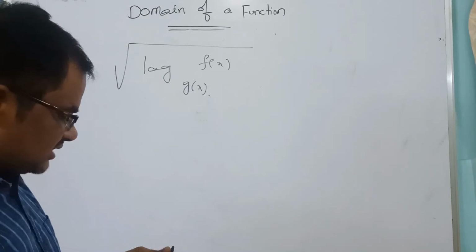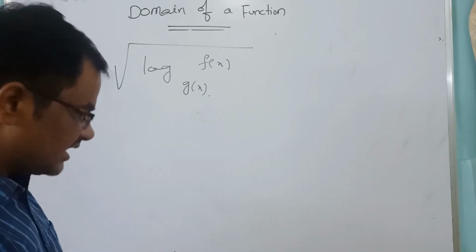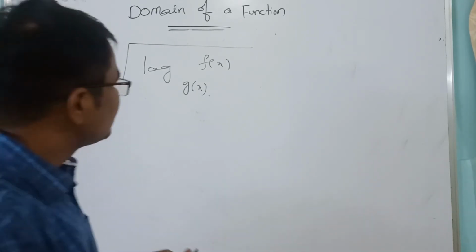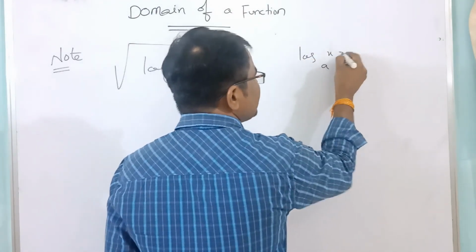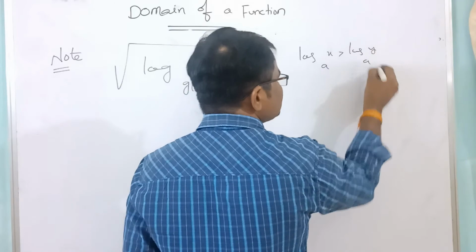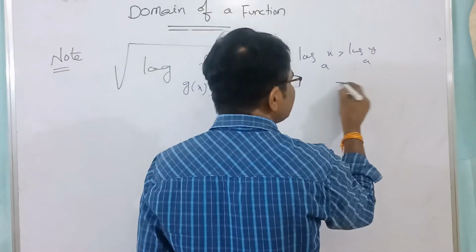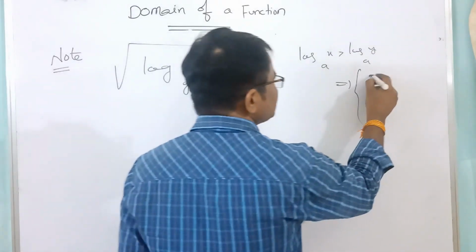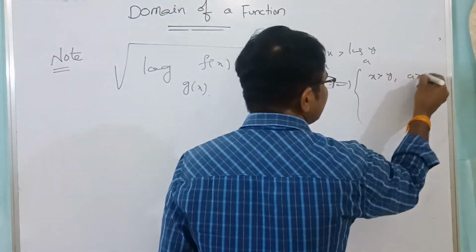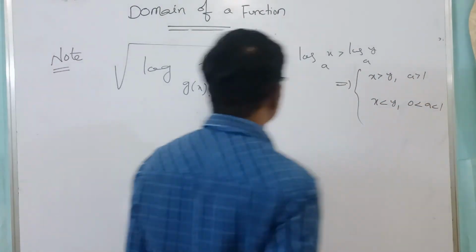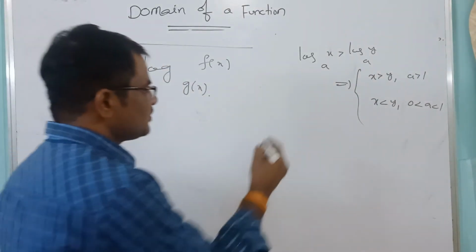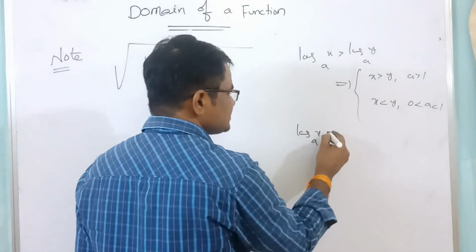We know that in logarithmic functions, log x to the base a greater than log y to the base a gives the conditions: x greater than y whenever a is greater than 1, and x less than y whenever 0 less than a less than 1. Suppose log x to the base a greater than k.